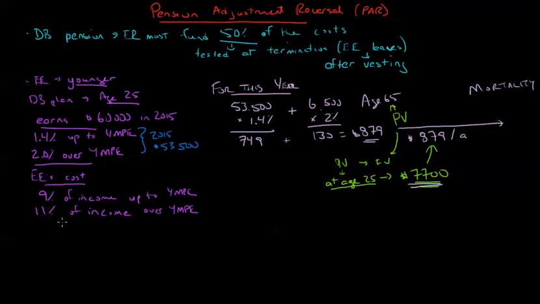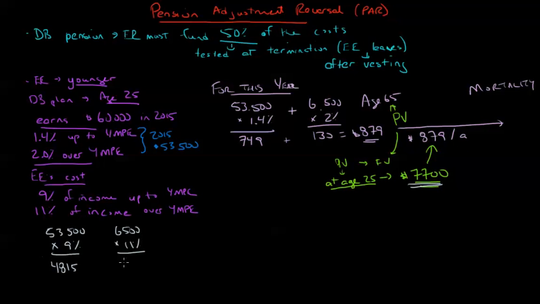So how much did this employee put into the plan? We said we've got a 9% contribution rate up to YMPE, and then over YMPE we've got that 11% contribution rate. So this employee will have provided on their income up to $53,500, $4,815.